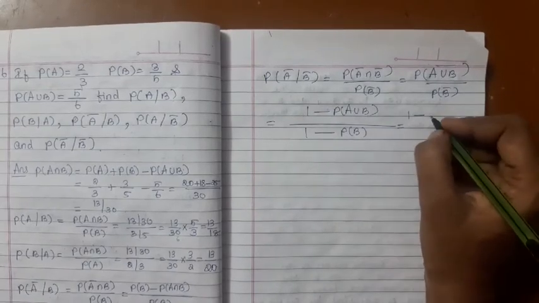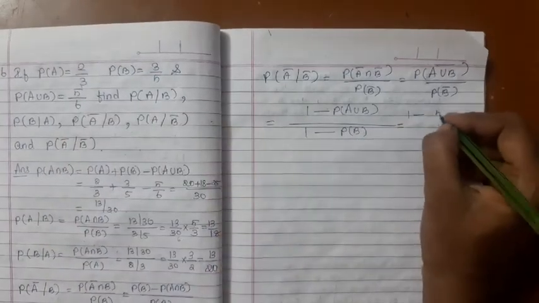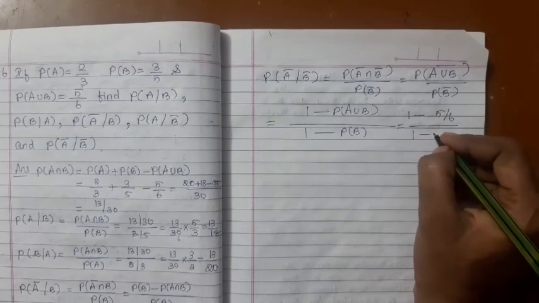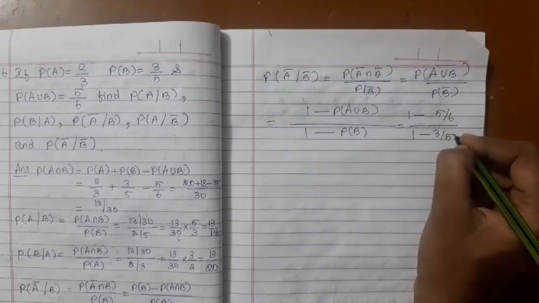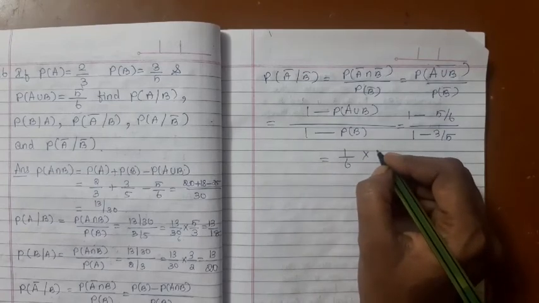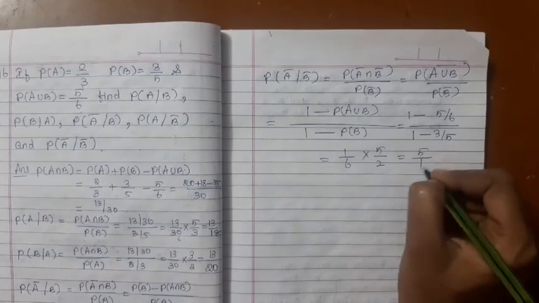So you have 1 minus probability of A union B is given as 5 by 6 divided by probability of B bar, 1 minus probability of B is 3 by 5. So you have 1 by 6 into 5 by 2. So the answer is 5 by 12.